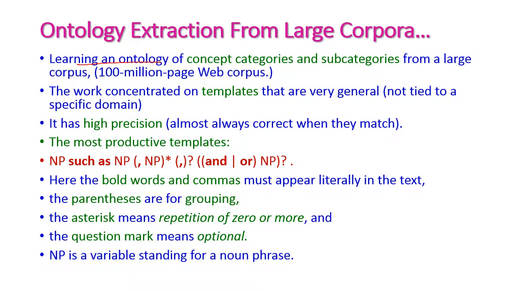Learning an ontology of concept categories and subcategories from a large corpus. The learning takes place over concept categories and subcategories from a very large volume of text. The text size may be 100 million pages. This is possible only with ontology, and the work concentrates on generating templates.